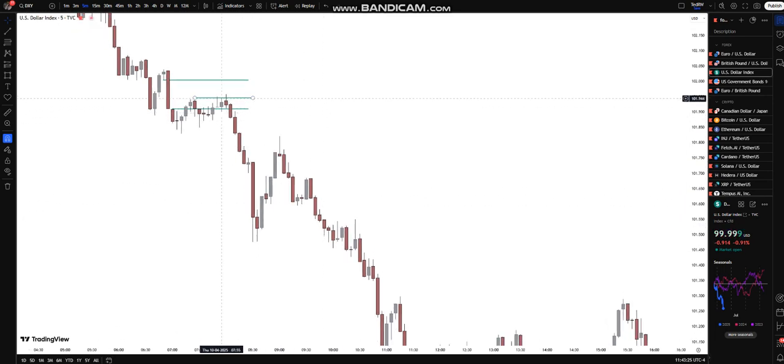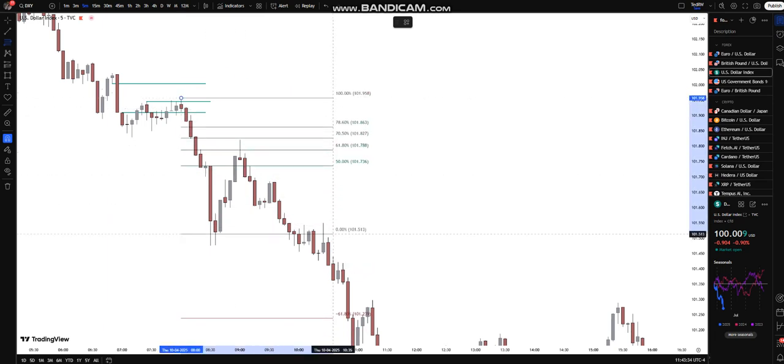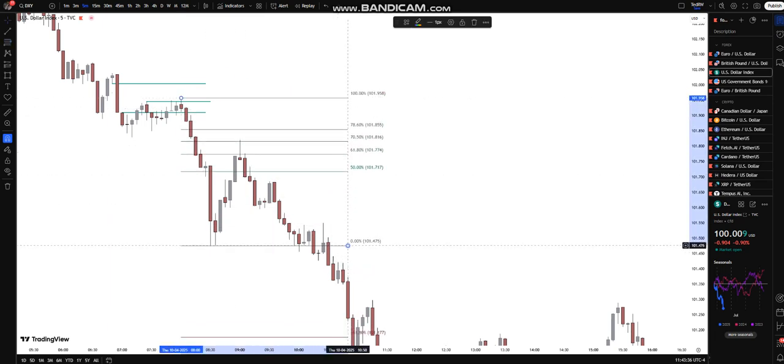Now as soon as this displacement has actually taken place, this is where I want to be pulling up some of our probability parameters. So OTE, more likely than not, is going to be retraced into. These parameters such as our fair value gaps, more likely than not, they are going to be retraced into.